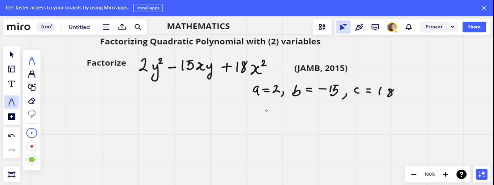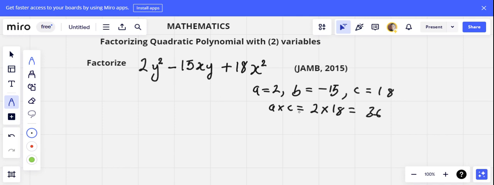With respect to this, we recall that we always consider the coefficient of the variable squared. The one we are considering now is y squared. So a times c will be 2 times 18, which gives us 36.